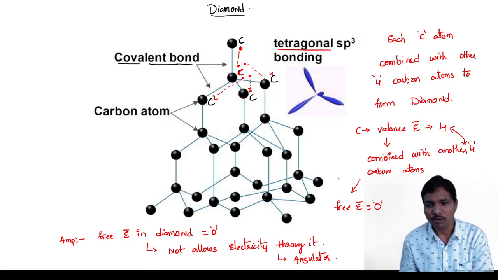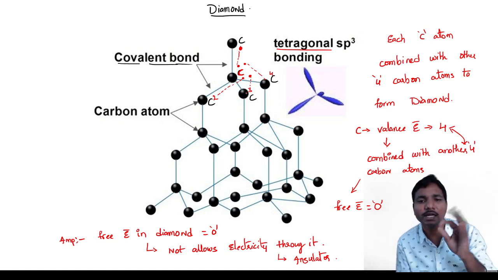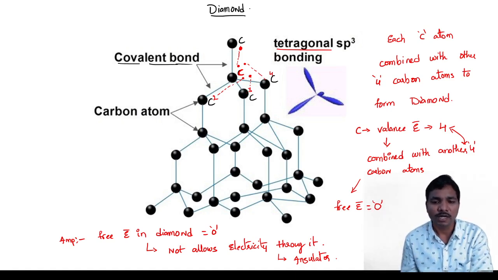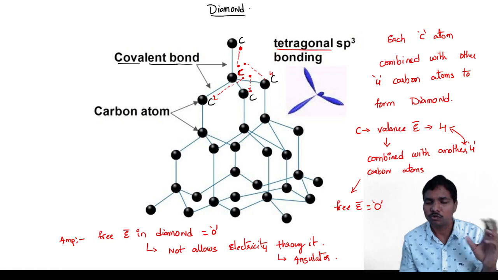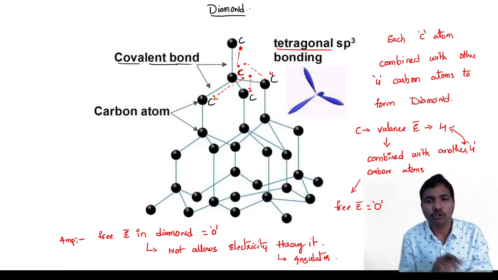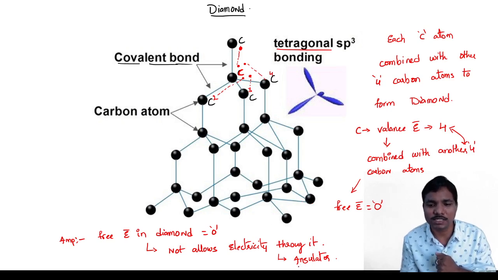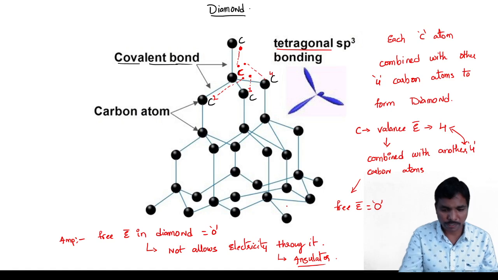Now how many free electrons are available? None. Whenever there are no free electrons, no electricity. We know very well current flows due to free electrons only. Otherwise no current is flowing, and that means it is an insulator. So note down the points belonging to diamond.